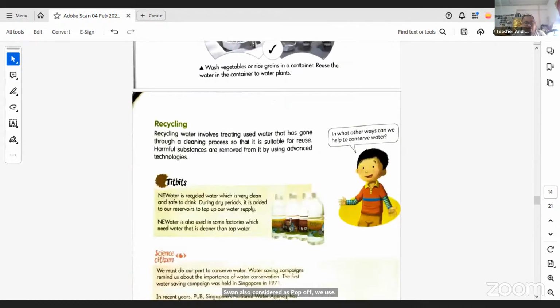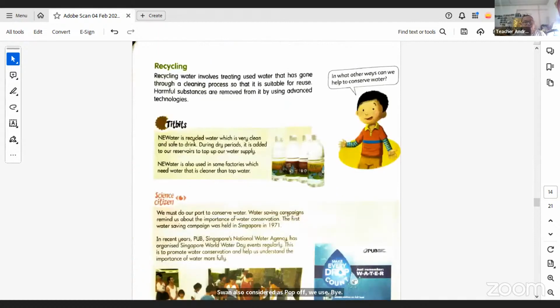Next up, recycle. We can recycle water by treating used water to create clean water.